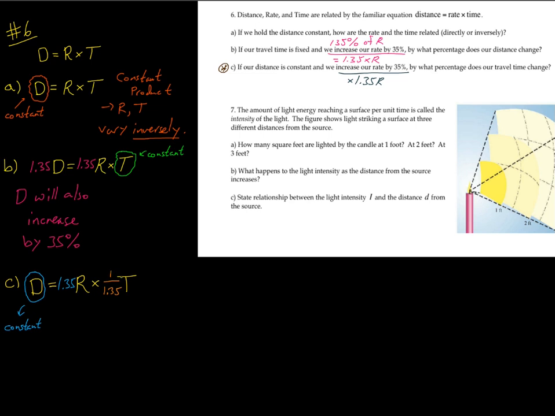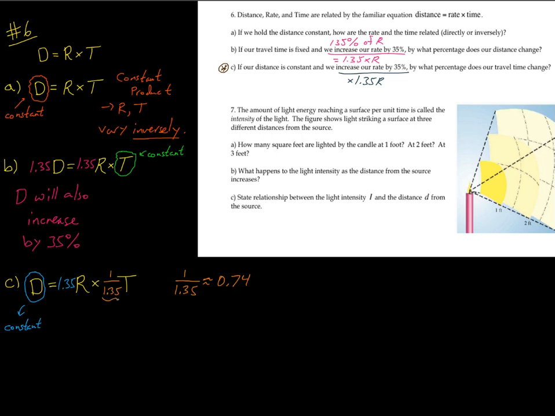Okay? What does it mean to divide a quantity, say time in this instance, by 1.35? I want to understand this as a percentage decrease. Okay? So off to the side here, let's make a little note here and say, all right, well, what is 1 divided by 1.35? Well, at least approximately, this is equal to 0.74.